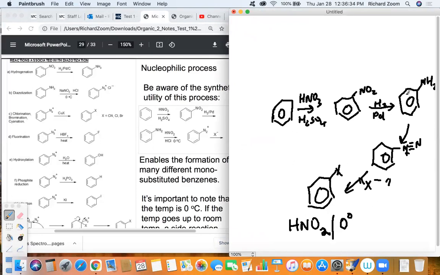That will allow us to take that NH2 to a diazonium salt, which can be reacted with all these different things over here in order to get our group that we need on there. So this is going to be part of the synthesis question for the test that you'll be taking.